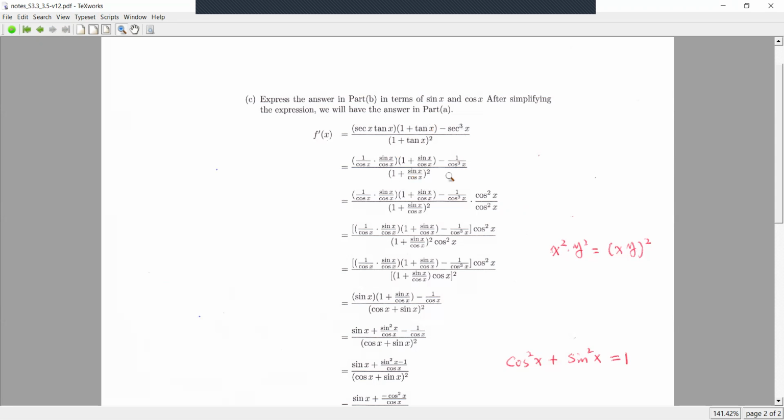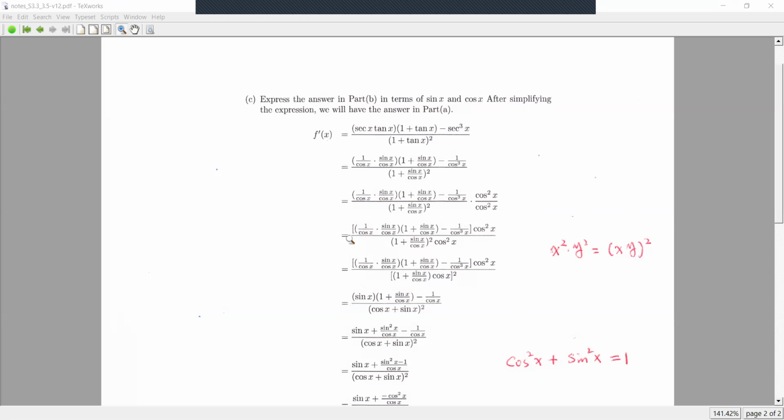Now, I want to simplify this expression to get the answer in part A. To simplify this expression, multiply the top by cosine squared, the bottom by cosine squared. Then we have this equation. A fraction times a fraction is the numerator times the numerator, and the denominator times the denominator.